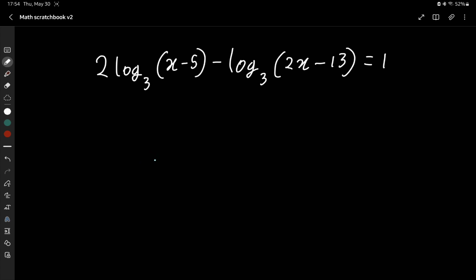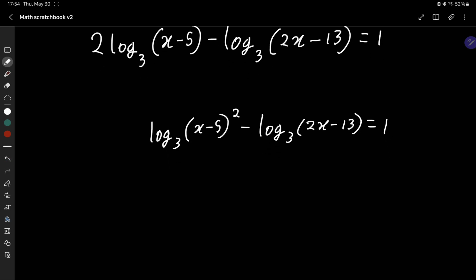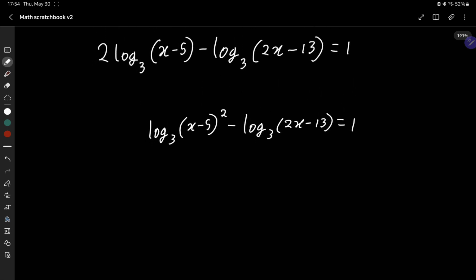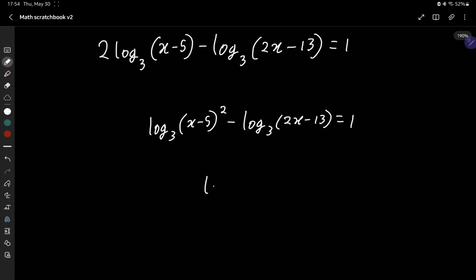So log 3x minus 5 squared minus log 2x minus 13. And then using the division rule, we go log 3x minus 5 squared over 2x minus 13.